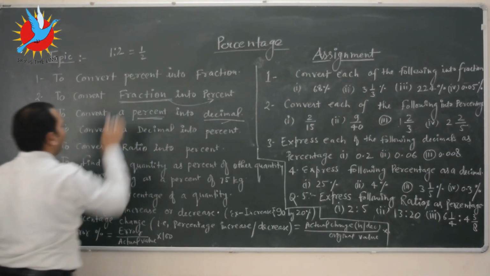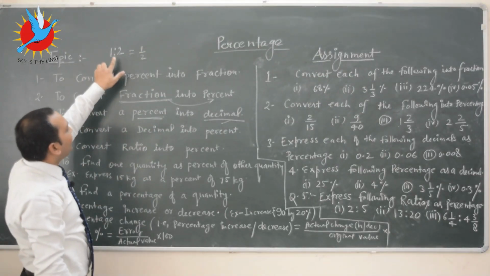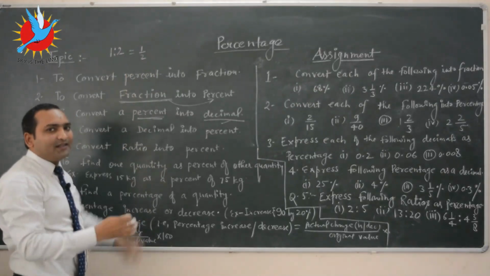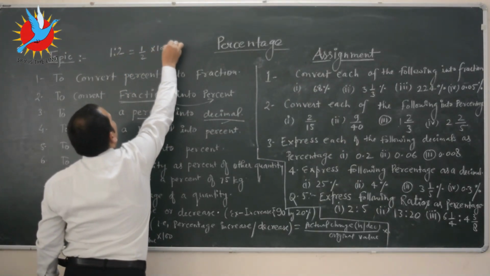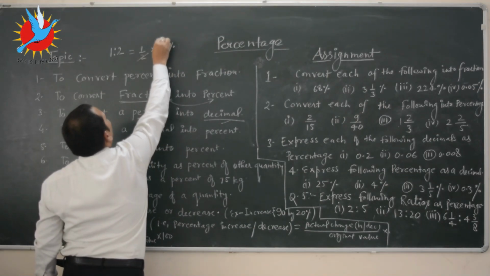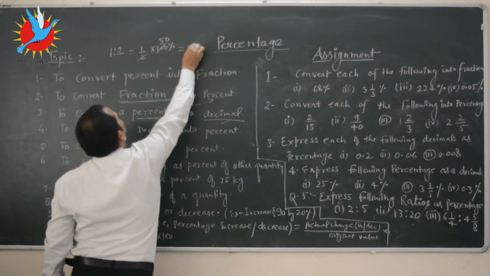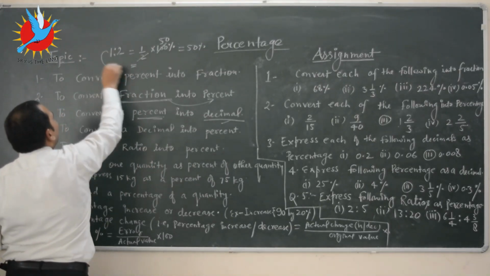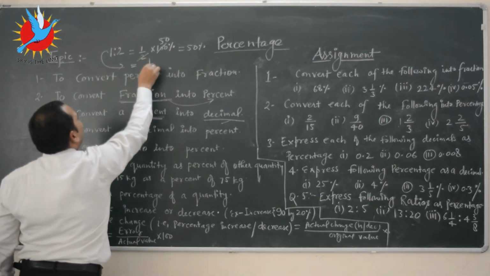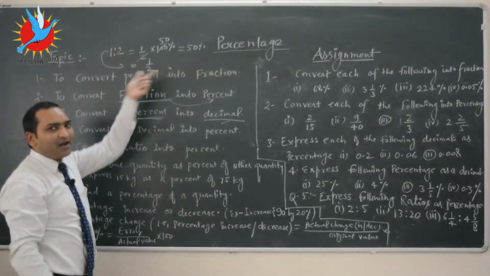So ratio 1:2 means 1/2. This is a fraction. So convert the ratio into a fraction and then just multiply by 100%. So the result will be 50%. Or convert this 1:2 into a fraction and make the denominator 100.